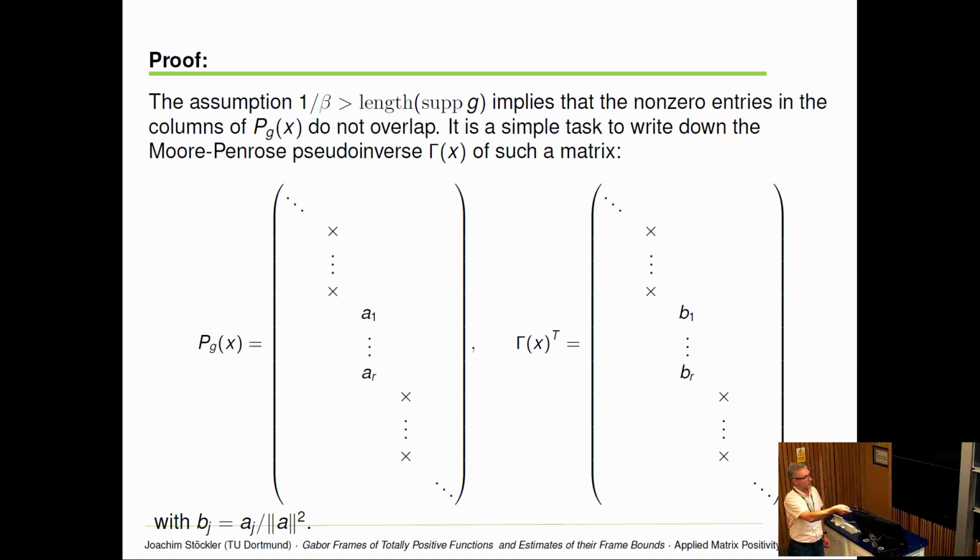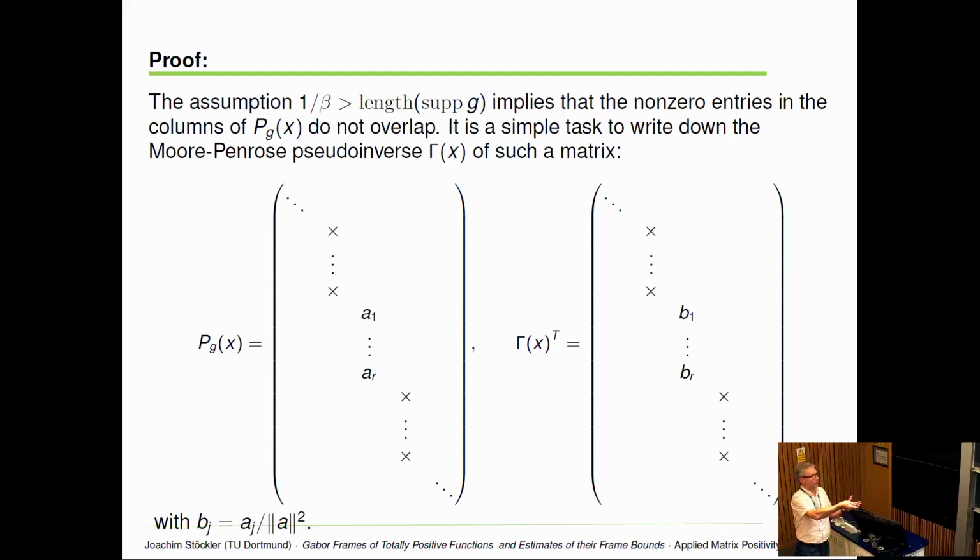This is the Moore-Penrose inverse, the transpose of it. So you just take the same pattern, except you replace the a_j by a_j divided by the squared norm. So you have a wonderfully bounded L2 norm of this gamma, which is bounded by 1. So you have a canonical dual, consisting of function values b_1 to b_R at the places x plus alpha j.